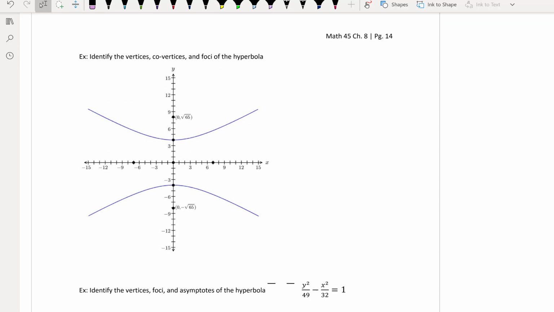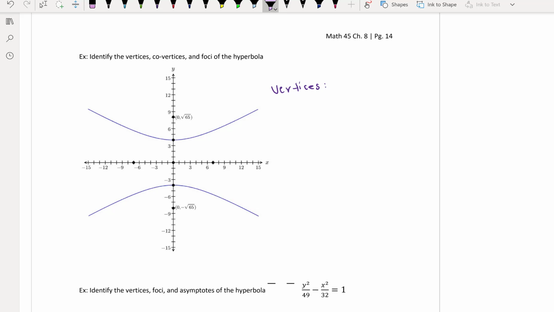For the first example, it says, identify the vertices, co-vertices, and foci of the hyperbola. Let's start with the vertices. The vertices are going to be where it hits the axis.